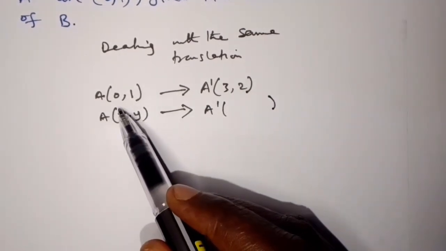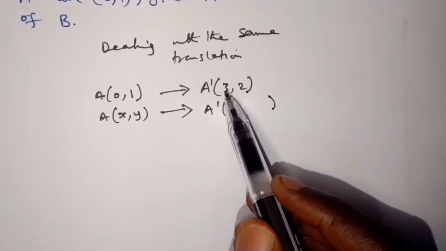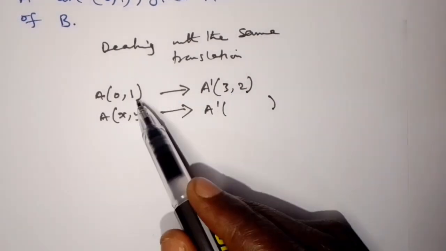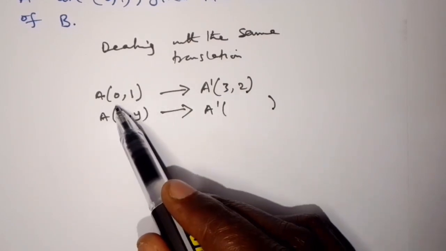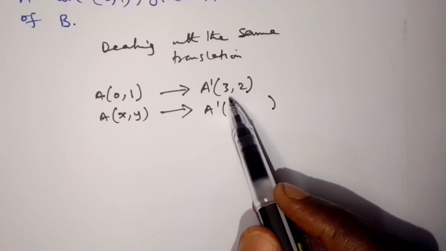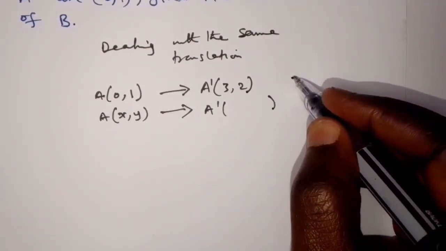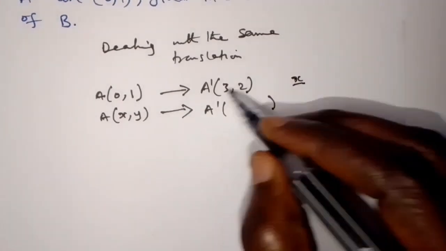So you can see here that 0 plus 3 is giving us 3. That is x.